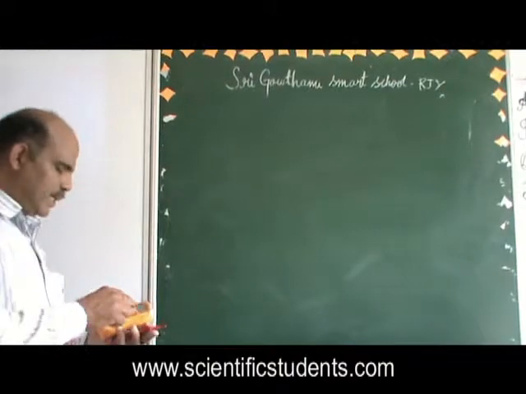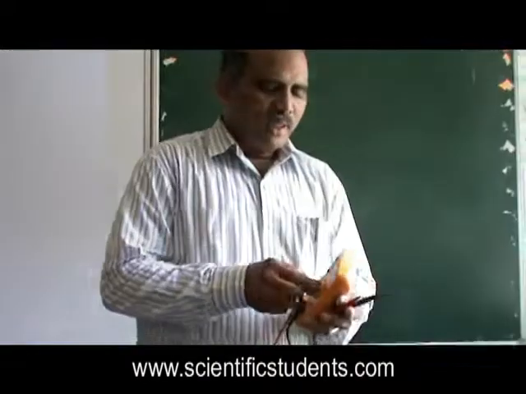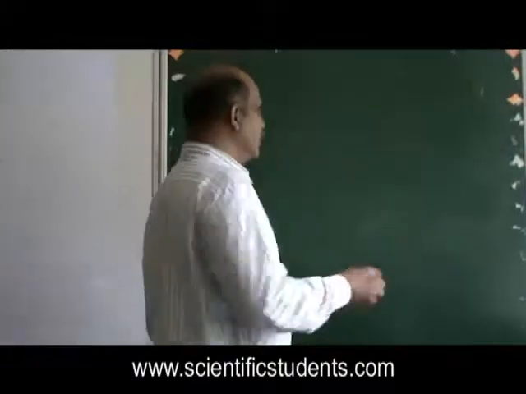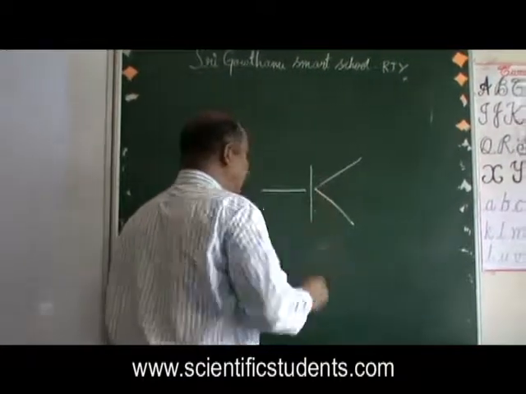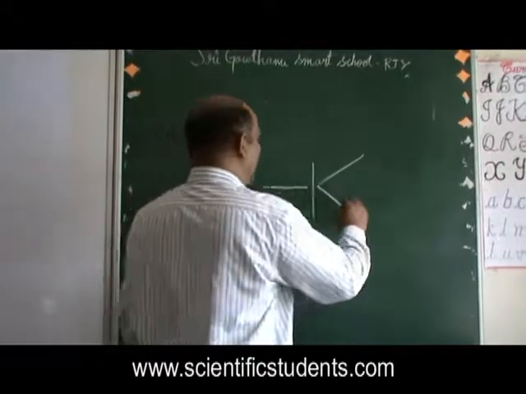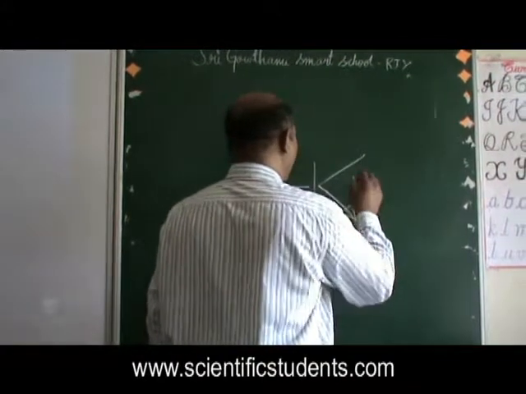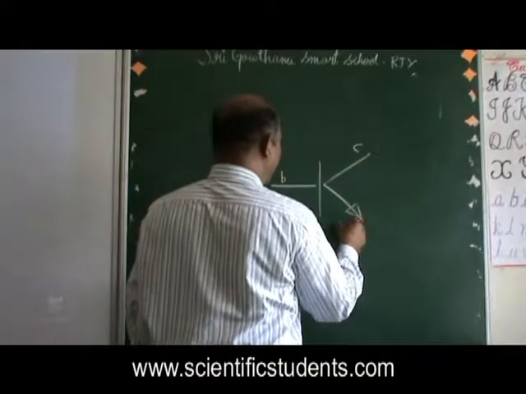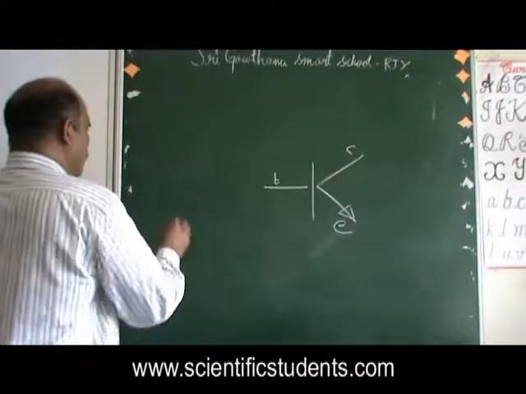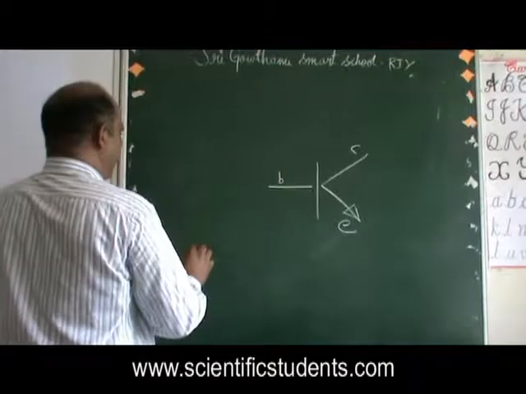So you now know about the diode. Similarly, how to test a transistor? Suppose a PNP transistor. How to test a PNP transistor? As we explained, you have a base here, collector here, emitter here. There are two diodes in the PNP transistor.